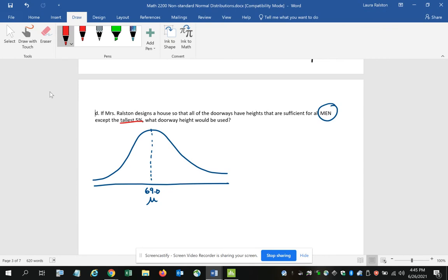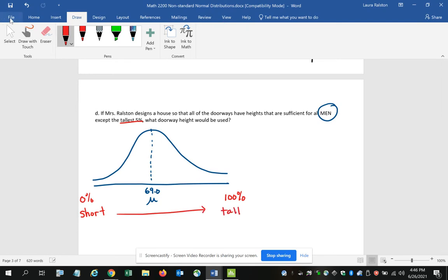So this tallest 5%, on this graph, remember we would start at 0% on the left and work our way up to 100%, if you're thinking about short to tall. Remember the mean is in the middle. Short people would be on the left, so it does work short to tall.